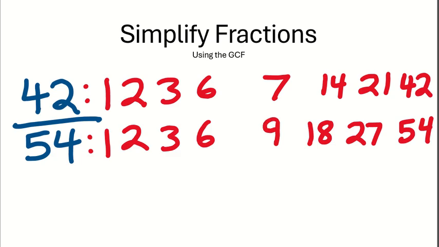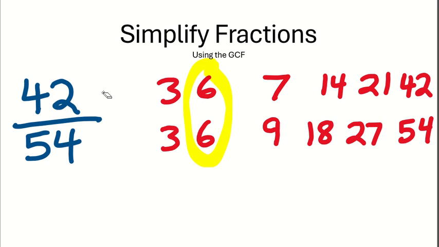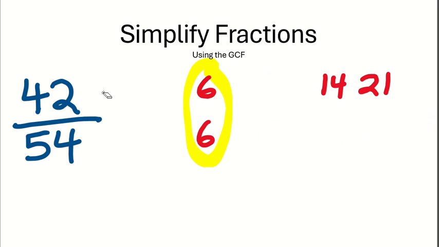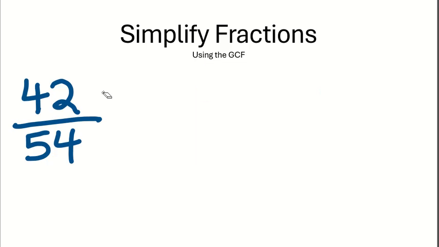And now we have to ask ourselves, what is the largest number that appears on both lists? And in this case, the obvious answer is 6. 6 is our greatest common factor. So let's go ahead and clean this up and divide both the top and the bottom number by 6 to simplify. 42 divided by 6 is 7.